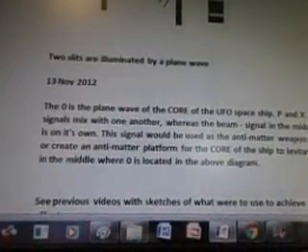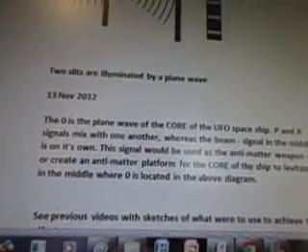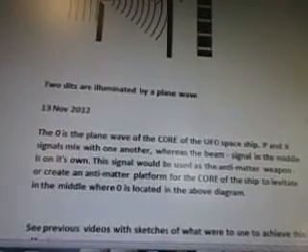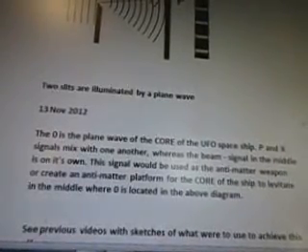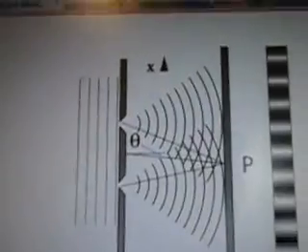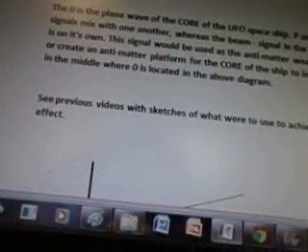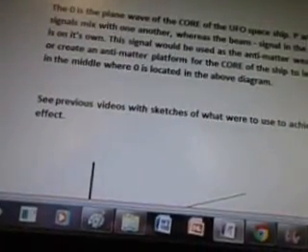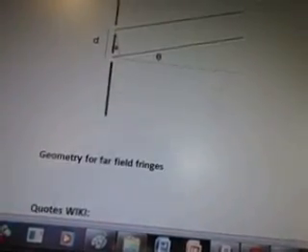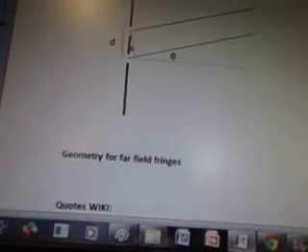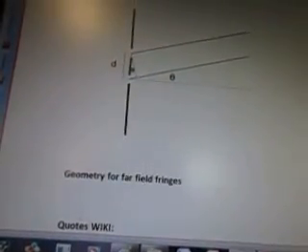This signal would be used as an antimatter weapon, or create an antimatter platform for the core of the ship to levitate in the middle where O is located in the above diagram. See previous videos with sketches of what we're to use to achieve this effect. There's all sorts of sketches of how we're going to design this thing. So here's the geometry for far field fringes.